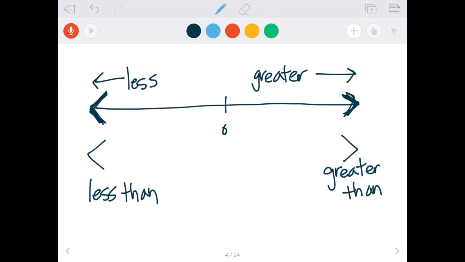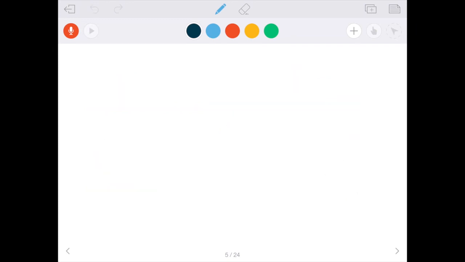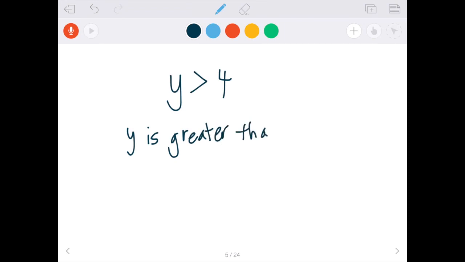You have to be able to know, because if I put this inequality, you should know that this is y is greater than 4. It's very possible that at some time in the future, you are going to do inequalities in algebra next year.